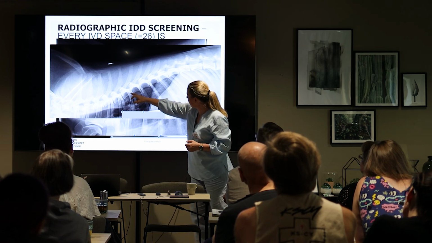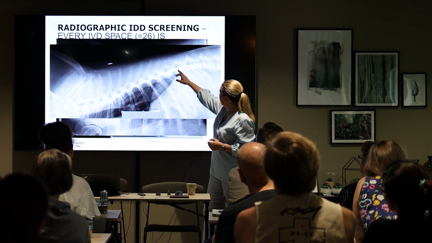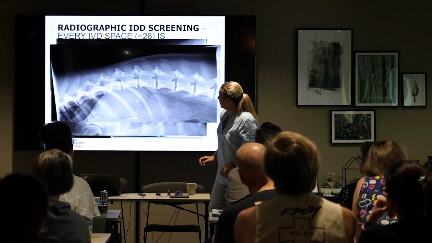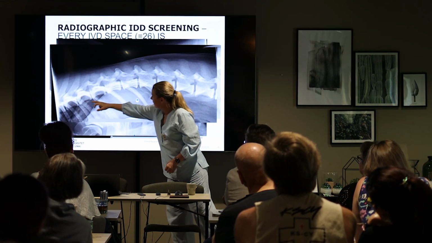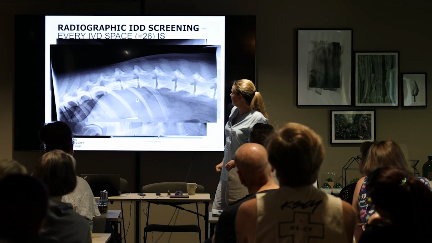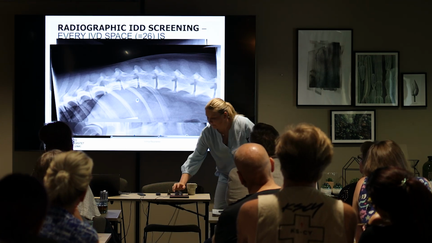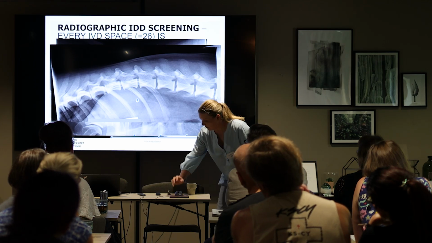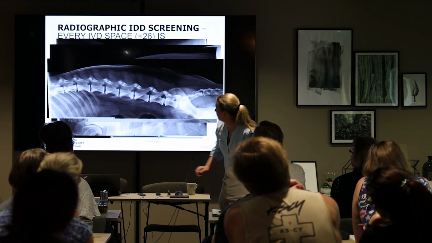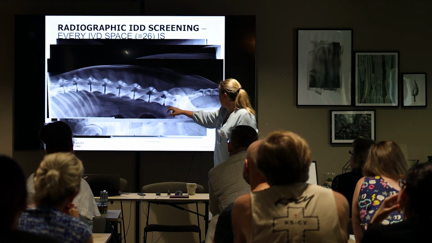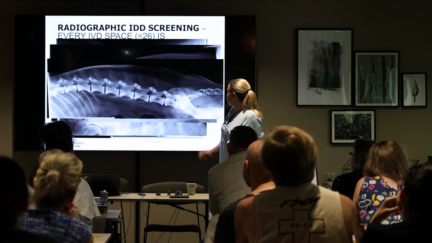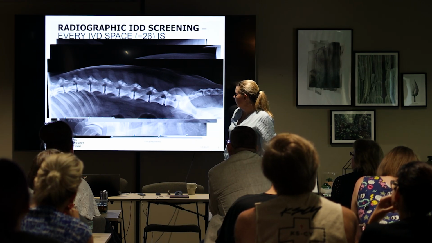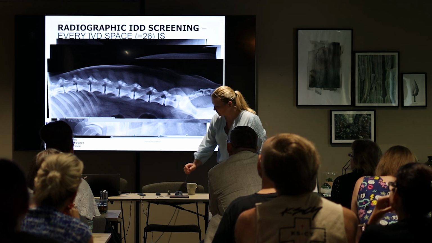Here are again calcified IVDs. Here we can suspect, but we need another image. And here we can see calcified discs. And then we take the lumbar spine also. These are the images that we need for the evaluation.